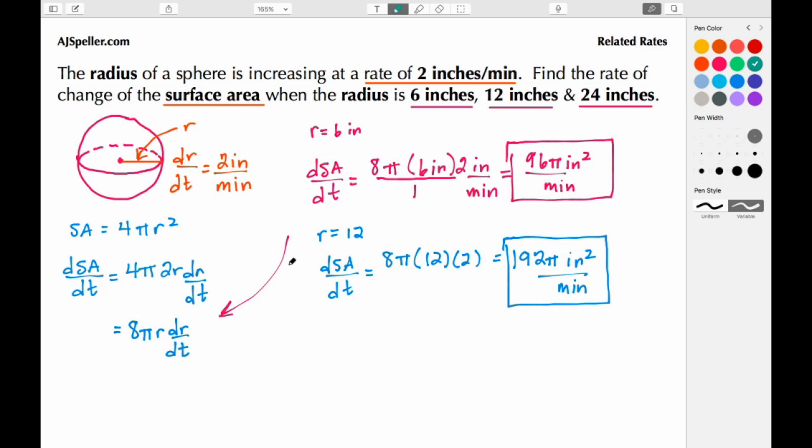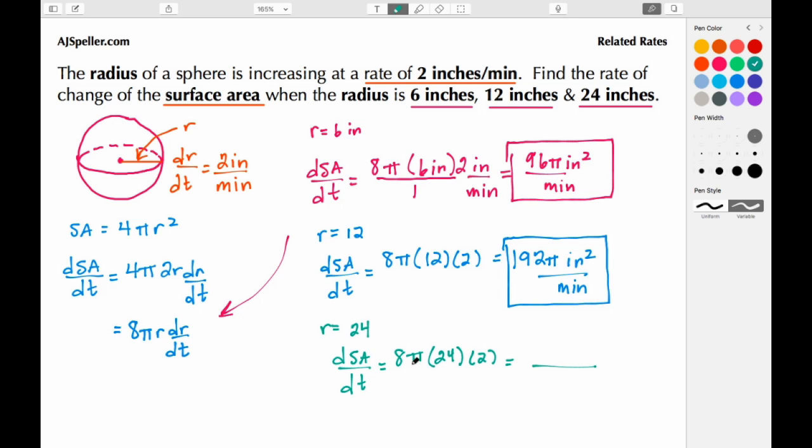And then let's move on to our last snapshot where r is equal to 24. Again, we have dSA/dt is 8 pi times the radius, which is 24, times the rate of change of the radius, which we see here is 2. Then we multiply all this out.